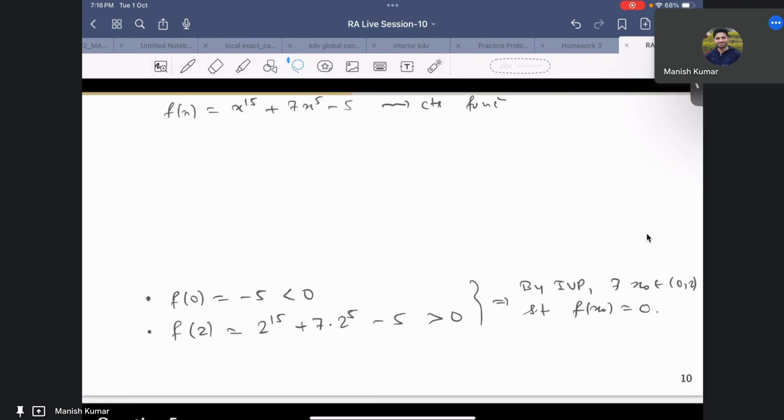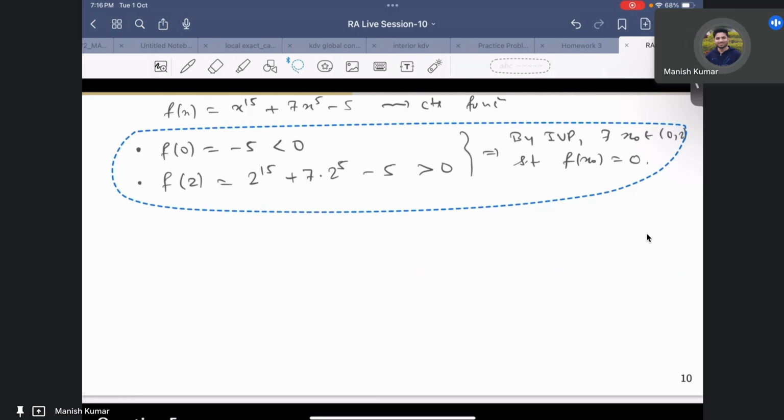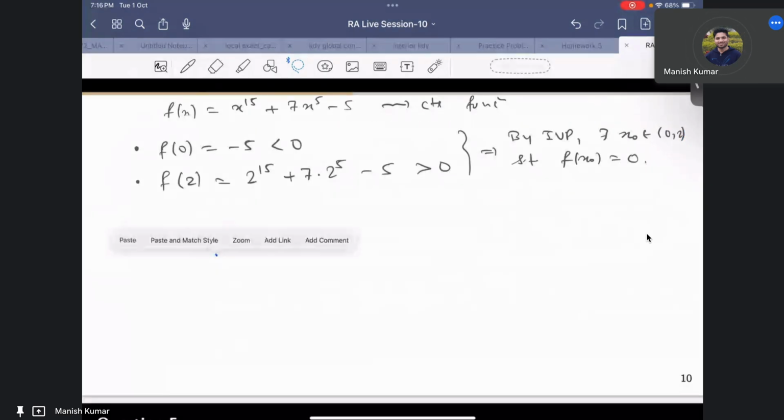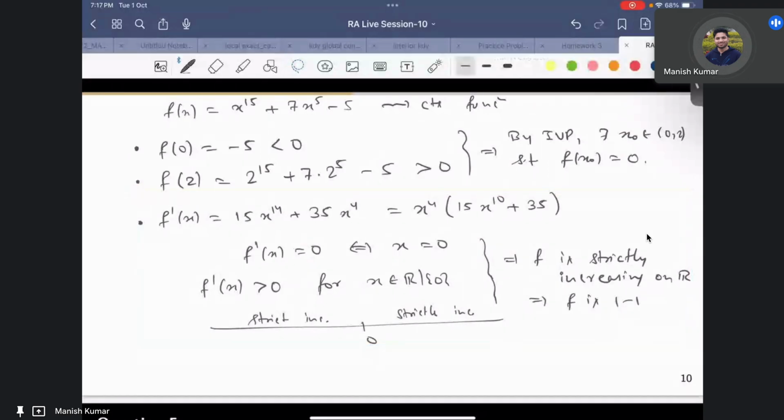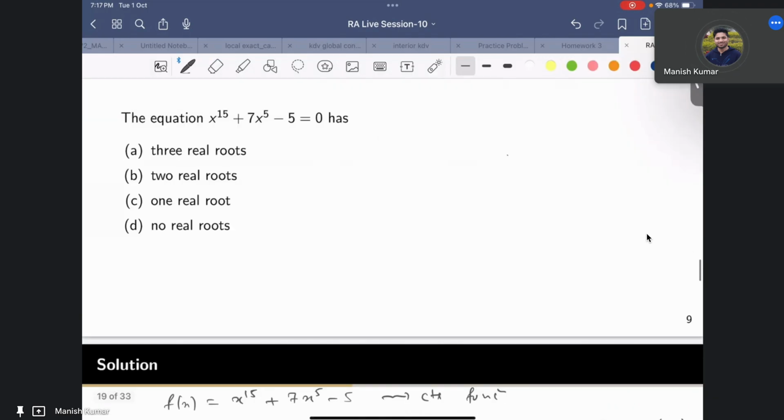Reason this first, that there exists a 0. Now from here it says that f cannot have more than one root. So f has exactly one real root.